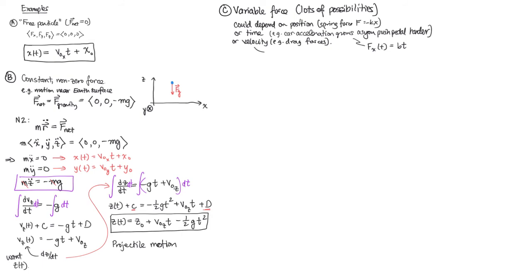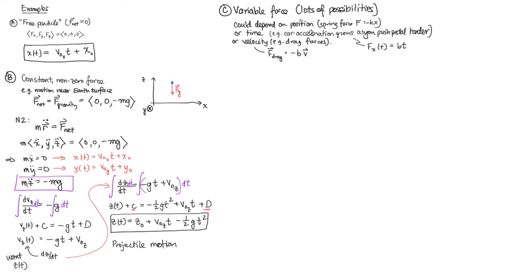Well, that one could look something like the force due to drag might equal, and this is a vector force, a force that is proportional to v, but with a minus sign. So the faster the object goes, the stronger the force gets, and the force is always pointing opposite the direction of the velocity.